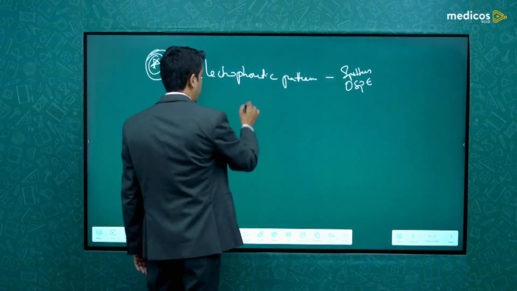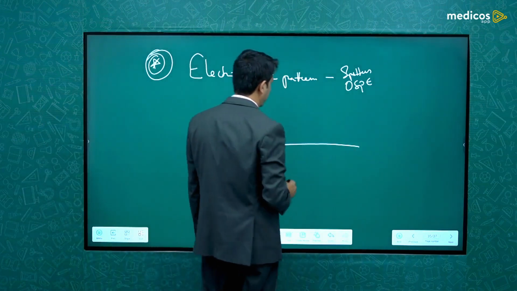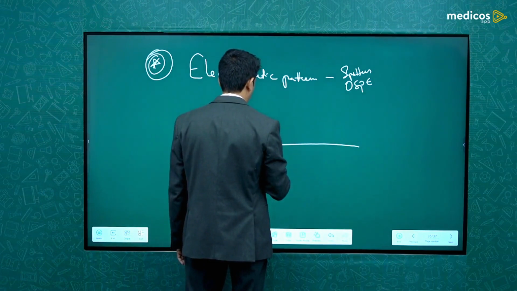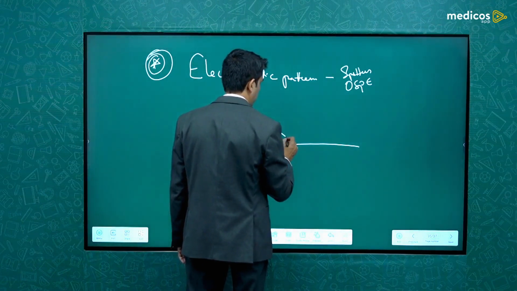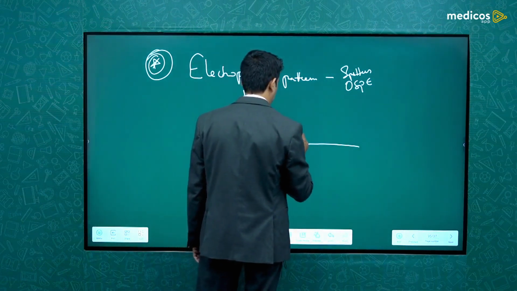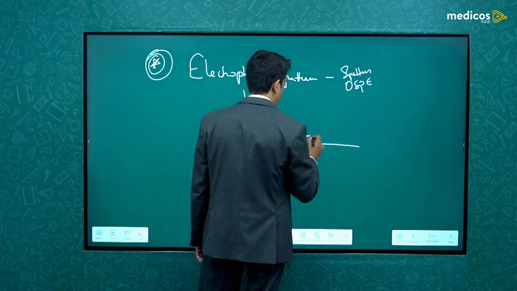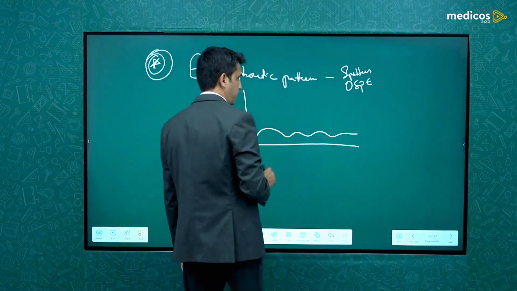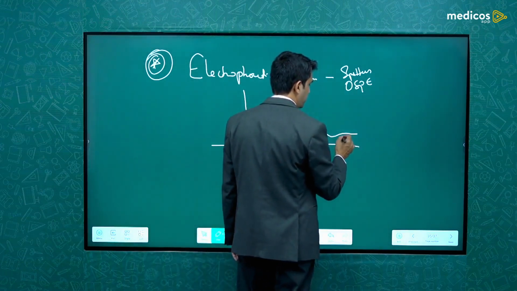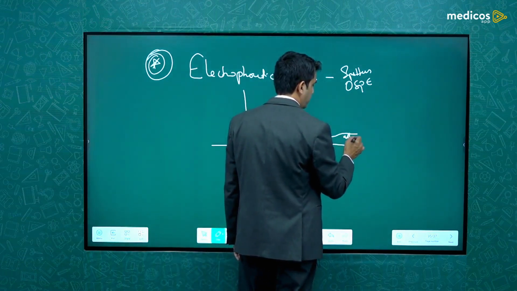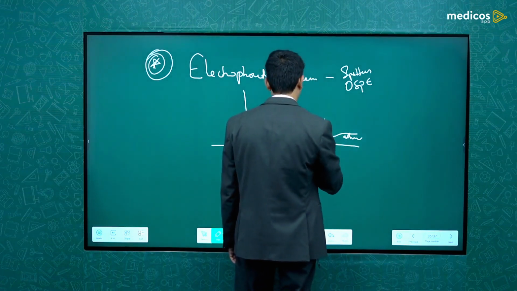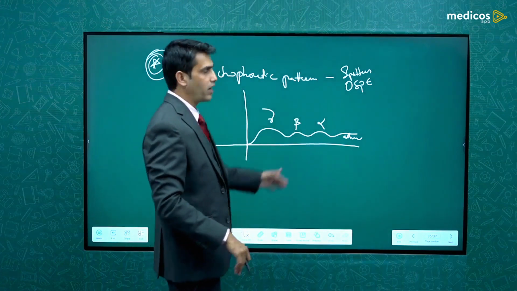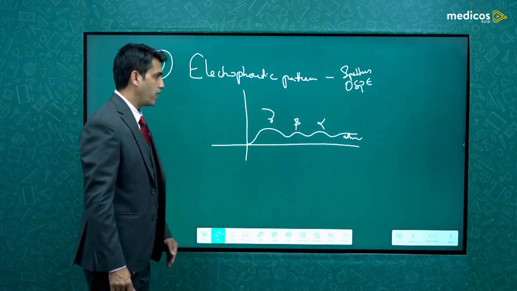The basic pattern on an electrophoretogram is a big gamma band, followed by beta band, followed by alpha band, and followed by albumin. Of course, there are alpha 1, alpha 2, beta 1 and beta 2 bands also.